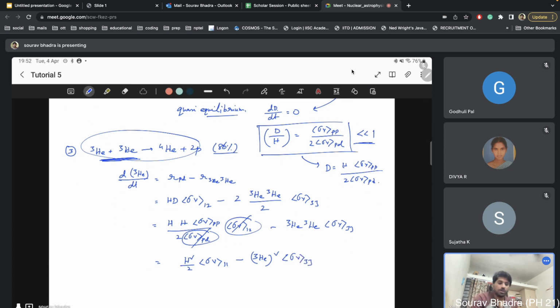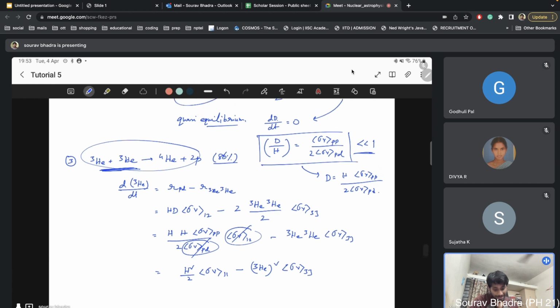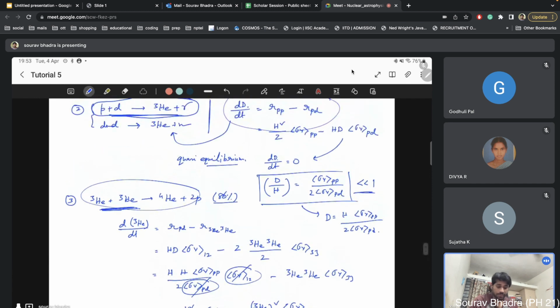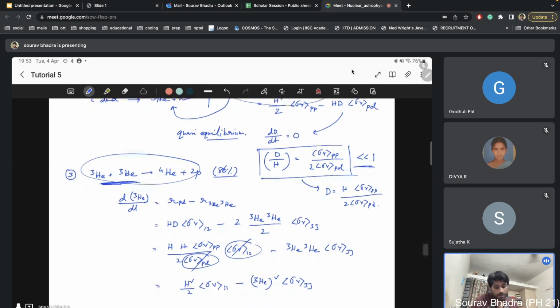So what I have done, I have just written down the production rate of deuteron, the production rate of 3He and the destruction rate of 3He, and I have replaced the number density of deuteron in terms of the number density of protons, which was calculated in the previous step 2.